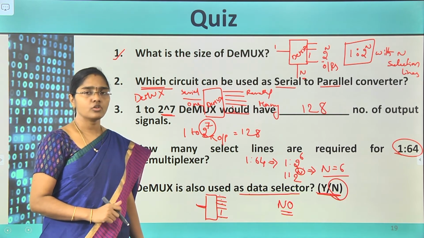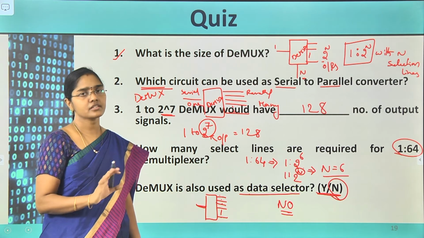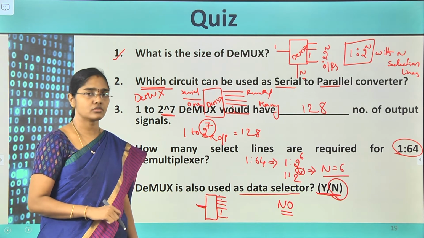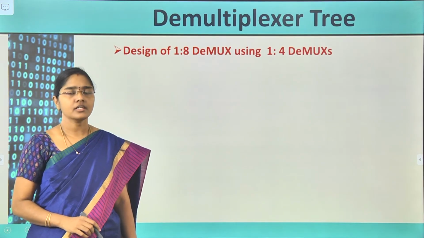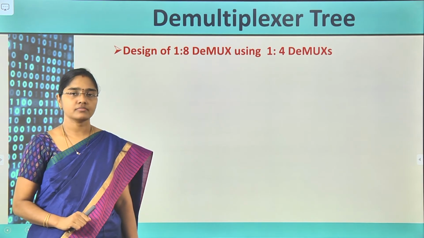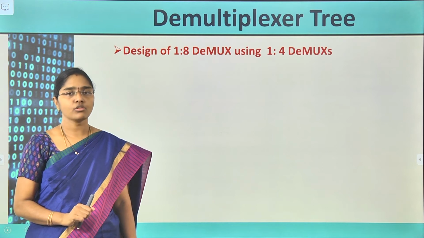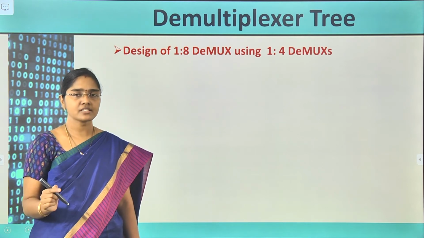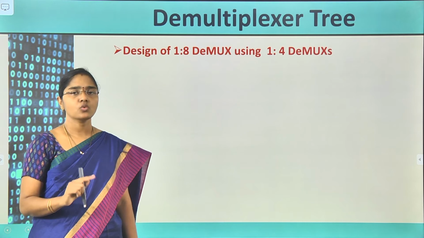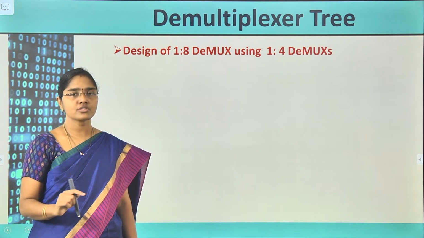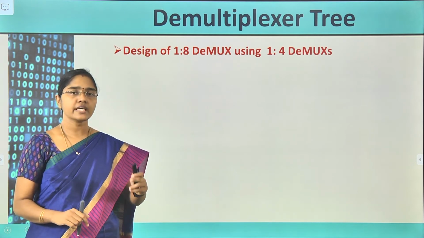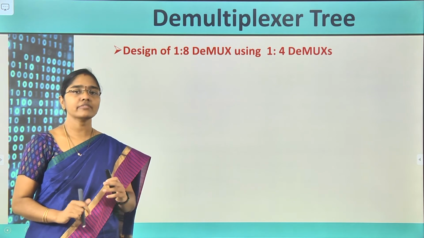I hope you understood this demultiplexer design, with the quiz also. Let's see demultiplexer tree implementation. Till now we have seen the design of individual demultiplexers like 1:2, 1:4, 1:8 and so on, using conventional logic gates.